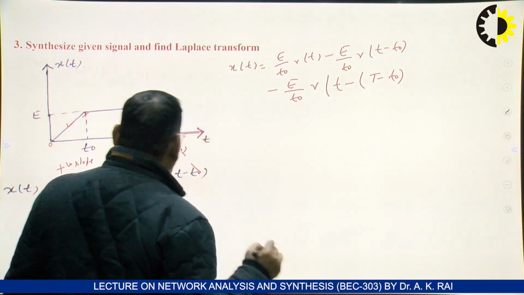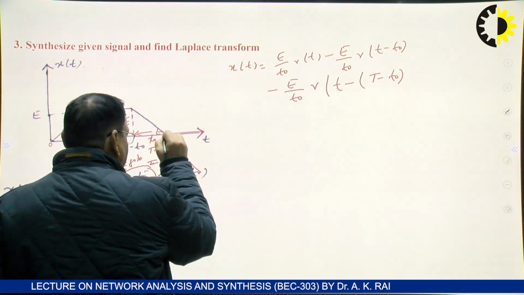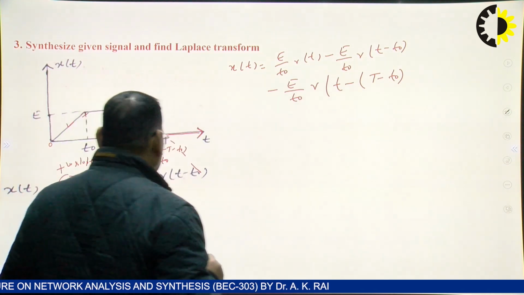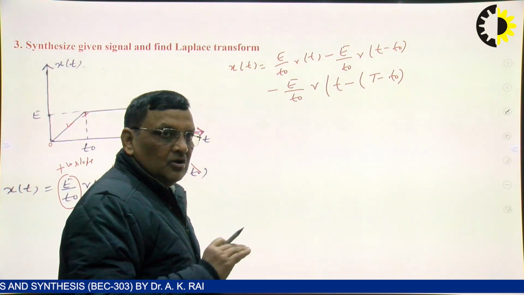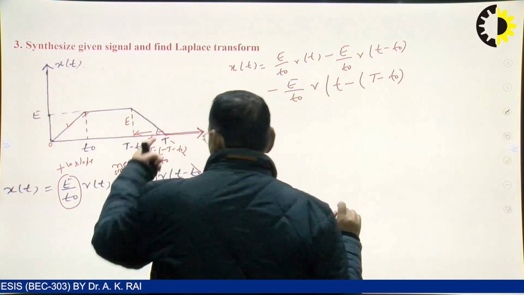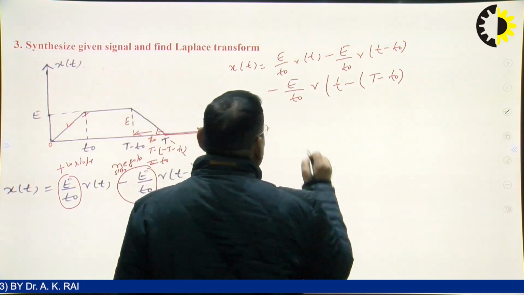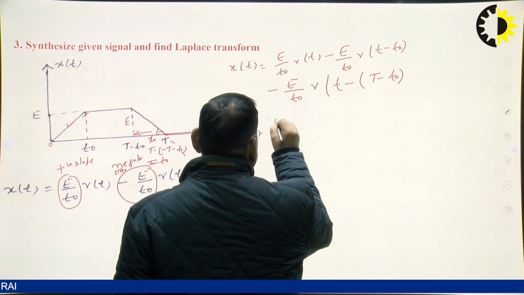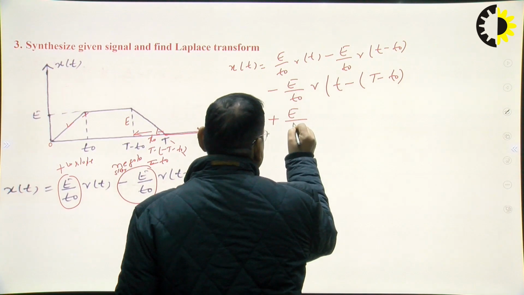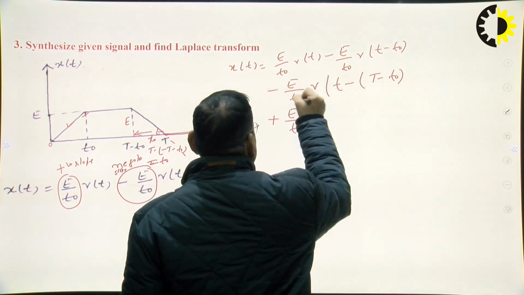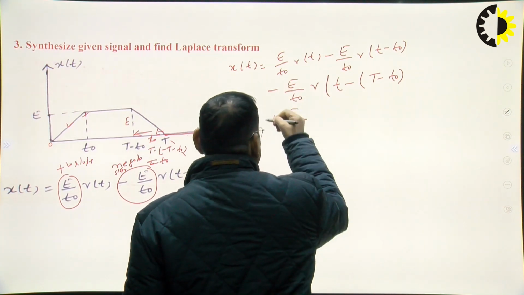Now we can see at t equal to capital T, the line becomes horizontal, or the slope becomes 0. So we have to add a positive slope of E by t0. This is the negative slope and this is the positive slope.